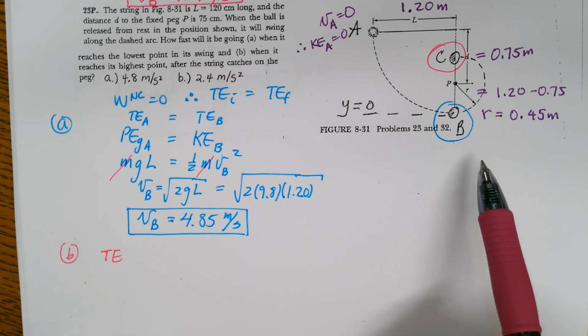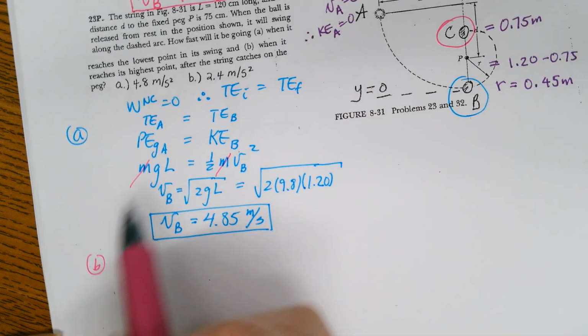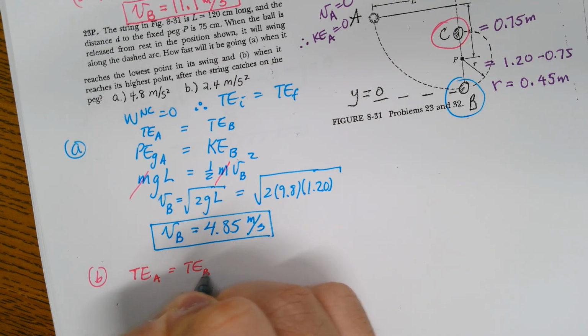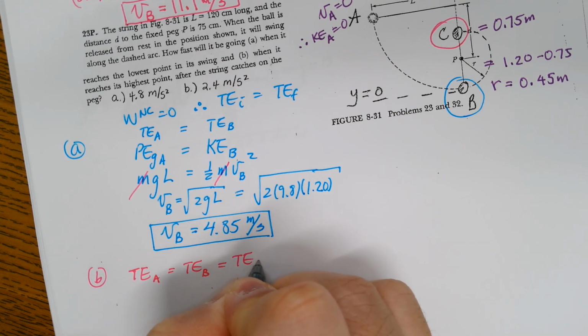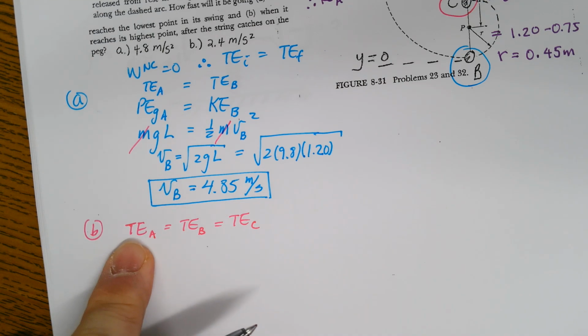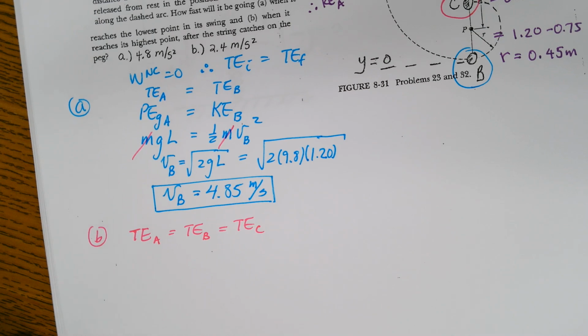And if you already know what this is, you could use A. So total energy at A is equal to total energy at B, which is equal to total energy at C. You pick and choose. I want to do it A to C rather than B to C, okay?